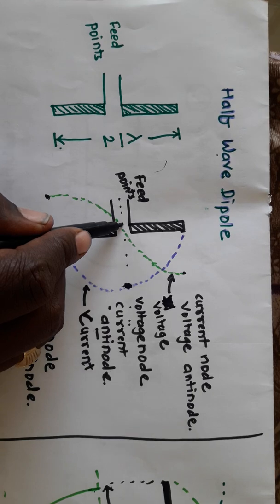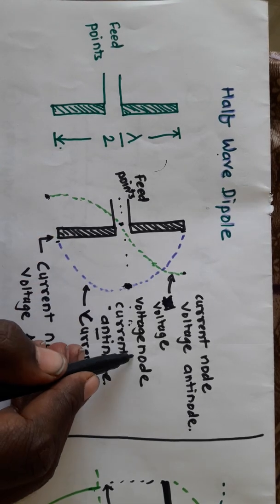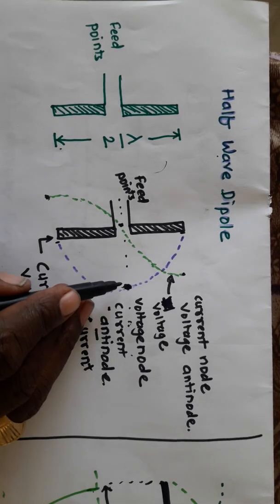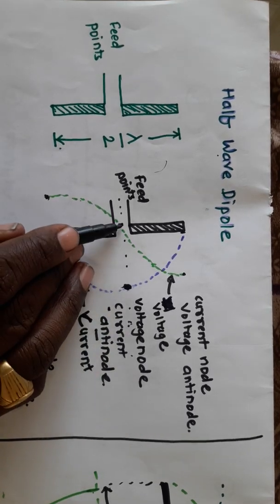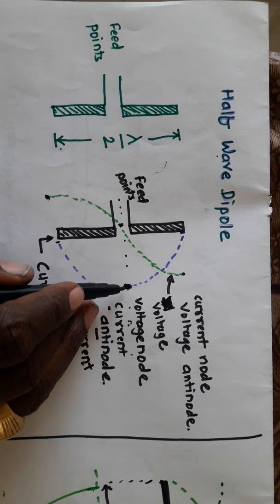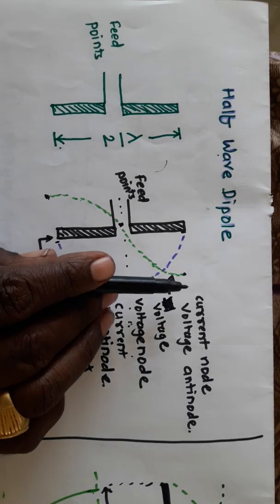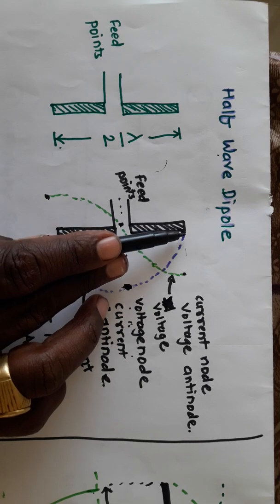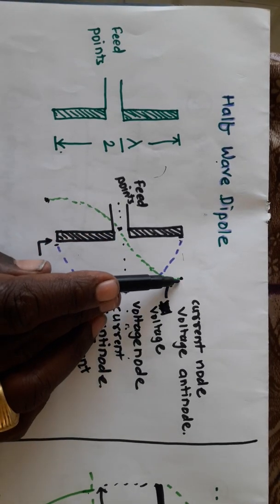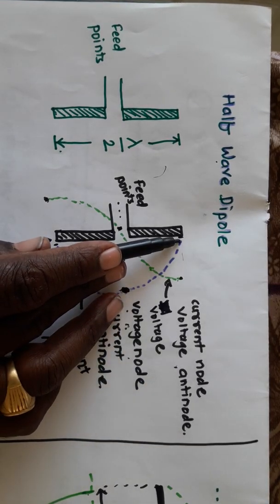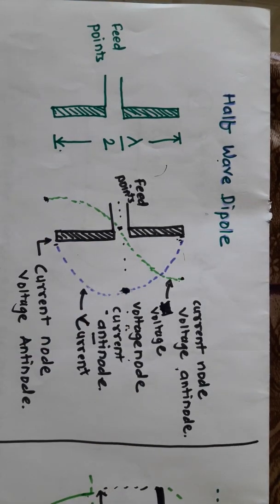When there is voltage minimum, it is called a voltage node. So, voltage is minimum and current antinode means current is maximum. Similarly, here voltage becomes maximum, so it is a voltage antinode, but at that point current is 0, so it becomes a current node.